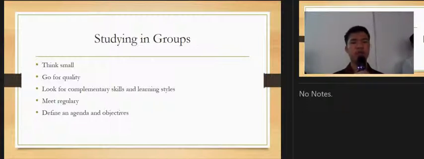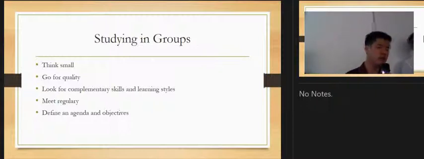And here are tips for studying in groups. Think small. You don't have to gather many people. You just need about 3 to 4 people to help you in your study, and go for quality.